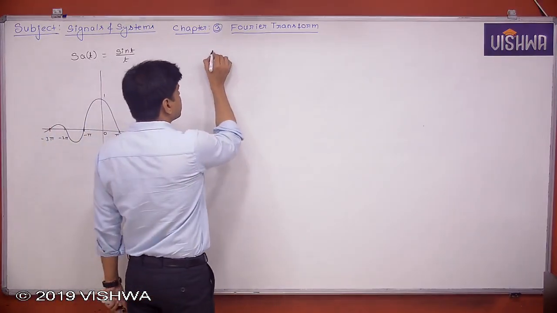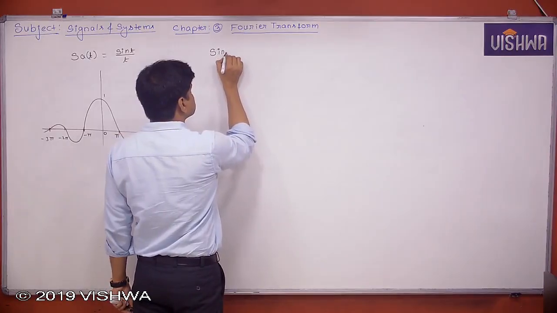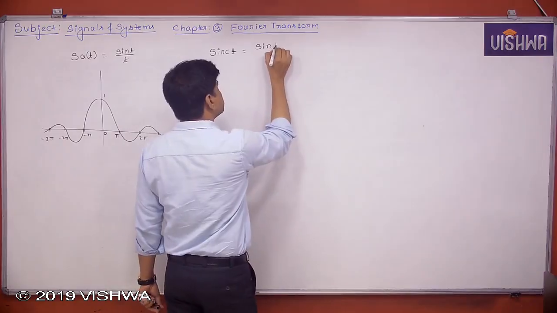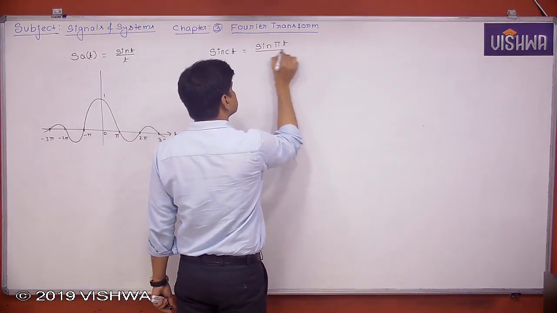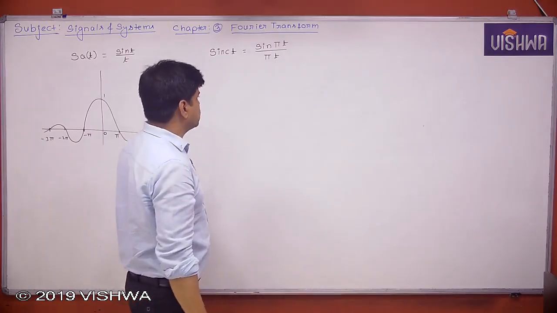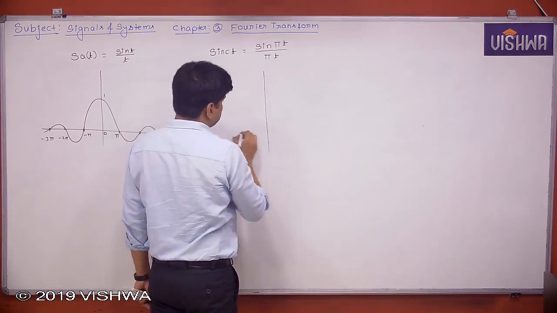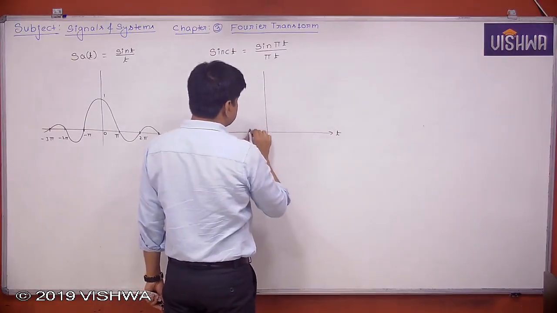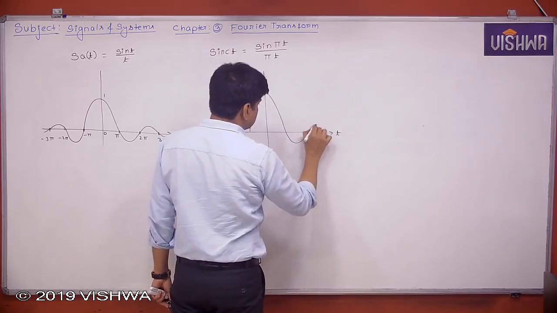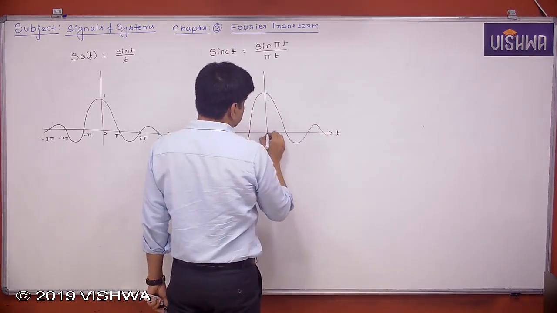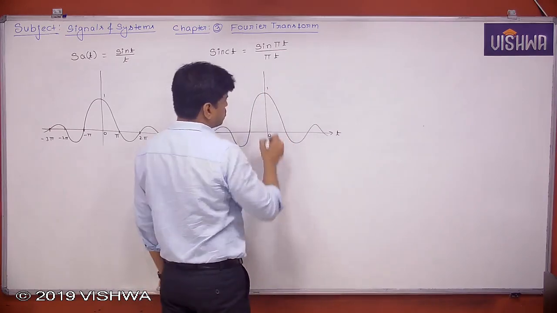In a similar way we have the sinc function. Sinc t is equal to sin pi t by pi t. Graphically it looks exactly the same as the sampling function, but the only difference is where it becomes 0. At 0 its value is again 1.